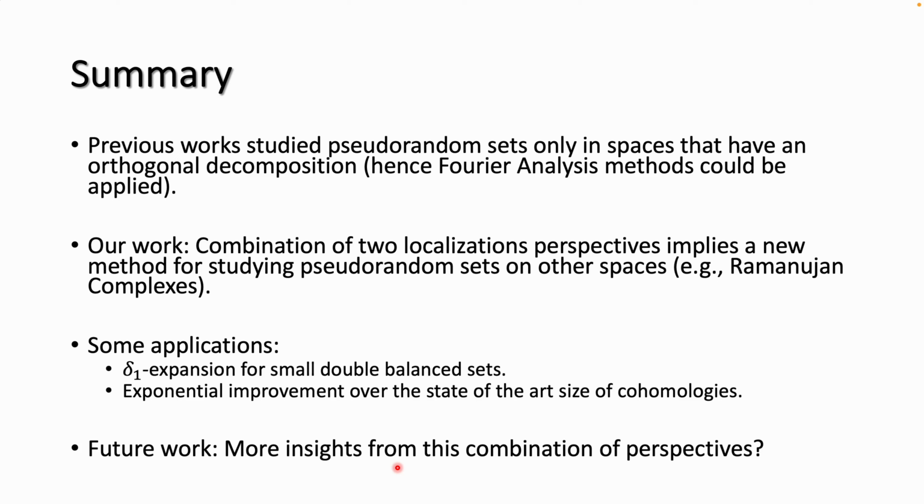What we suggest is maybe to look at these perspectives combined together and maybe get more insights that we couldn't get before, maybe improve other results that were known before by this combination.